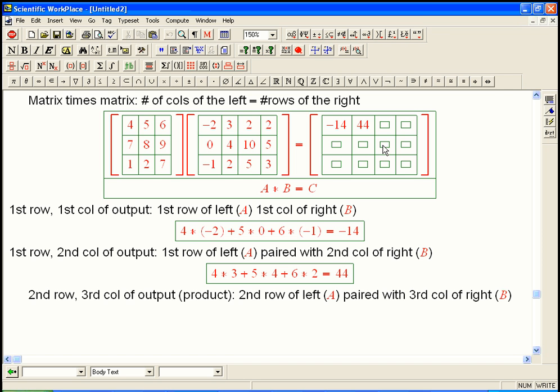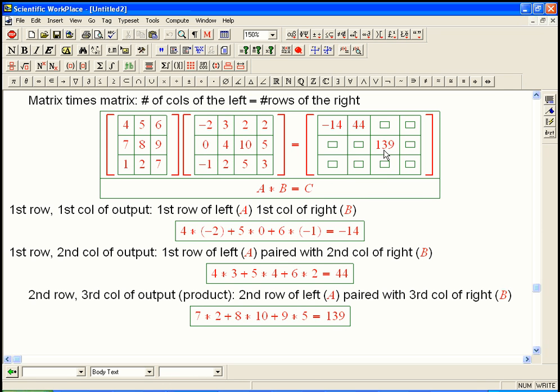We're going to get this entry by pairing up, let's do the scratch calculation, 7 times 2 plus 8 times 10 plus 9 times 5. And I screwed that up. It's hard to do that while I'm looking at something and talking, etc. Okay, so 80 plus 49. Let's see, 80 plus 45 is 125 plus 14 is 139. And so that entry is going to be 139.